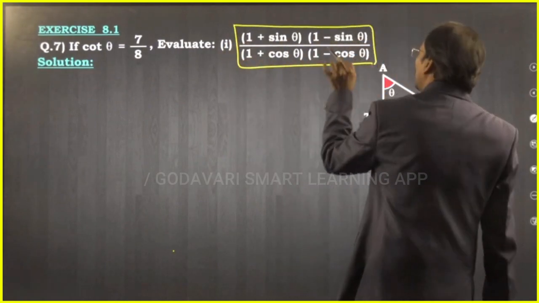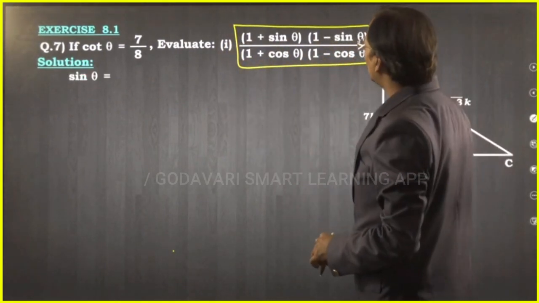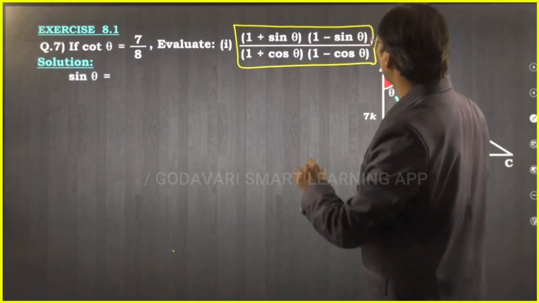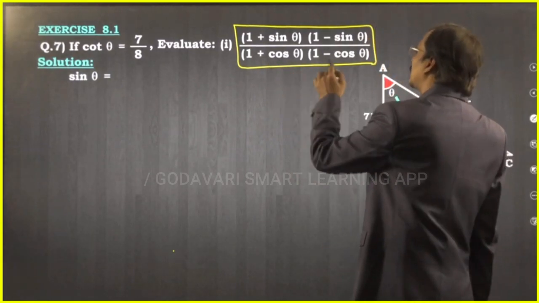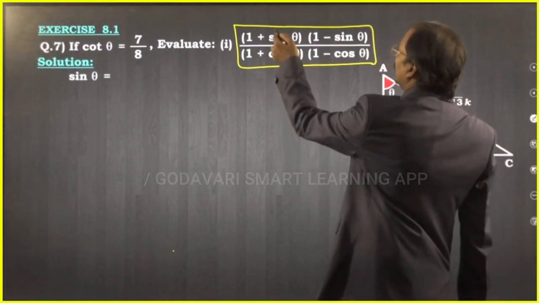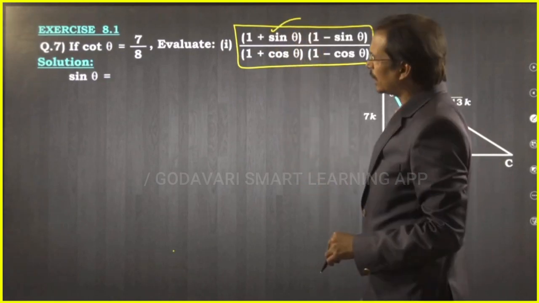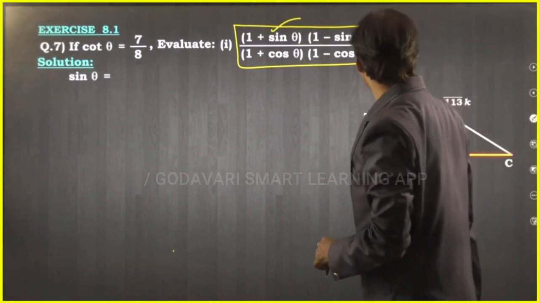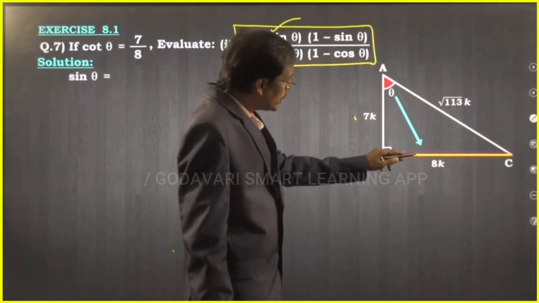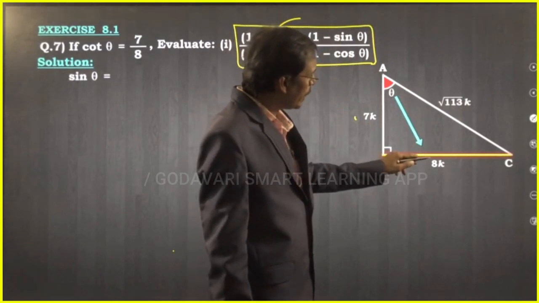Even if you find any problem, find it. So here we have (1 plus sin theta)(1 minus sin theta) by (1 plus cos theta)(1 minus cos theta). Before going to the problem, we have to find sin theta. Now sin theta is equal to opposite side by hypotenuse.